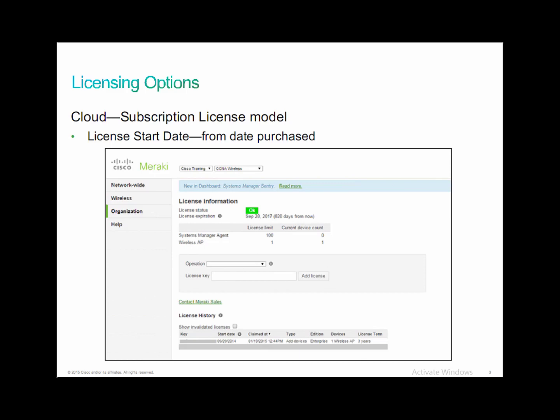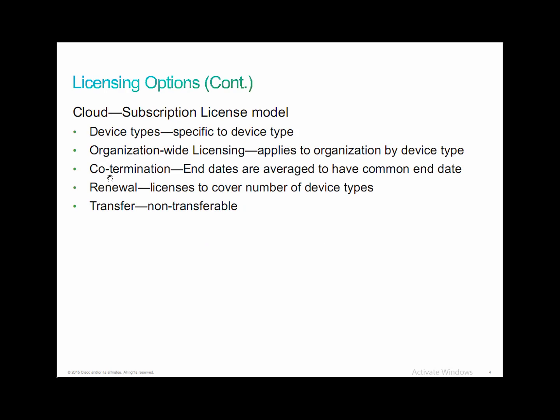We only have one device attached to this particular Meraki, but it is applied to the entire organization. What that essentially means is that a license is not purchased for a specific device, rather each license is added to the organization. That increases the number of specific device types that can be added to that particular organization, right?